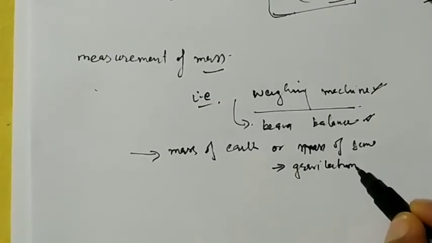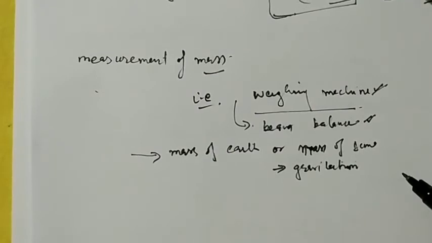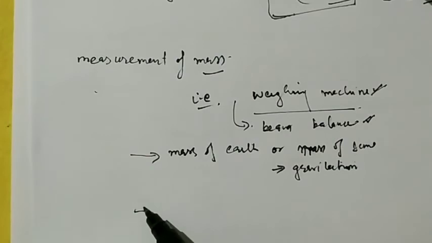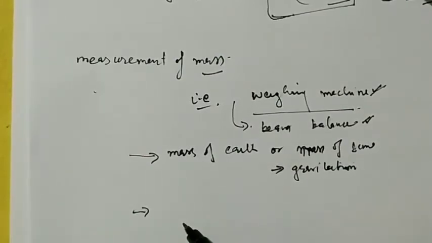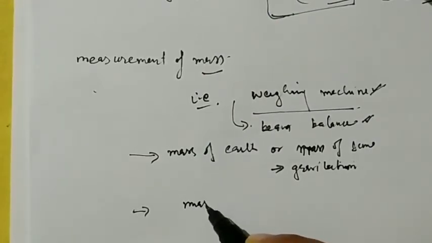With the help of this law we can find out the mass of the sun, earth or any other planet. If you want to measure a very small mass, we have a special technique called mass spectroscopy.